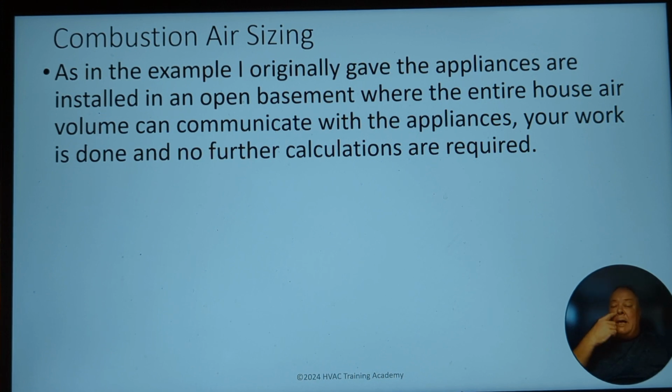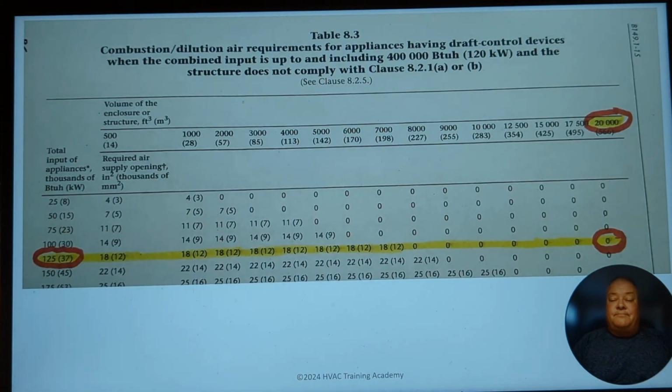Now, if we decided to leave it at that, we know we have enough air in the house, because there's no room or no construction around the appliances themselves, and it can communicate effectively with all of that air that's in that house, we're done. We're good to go. We don't have to do anything else.